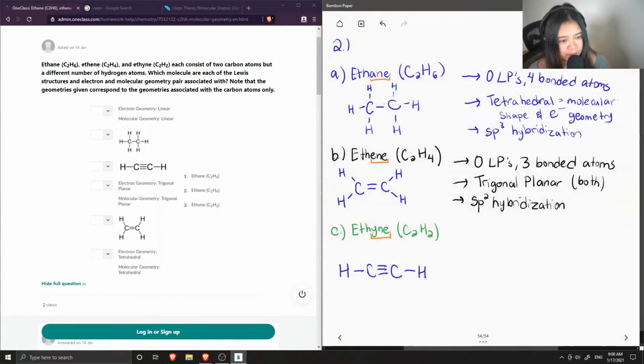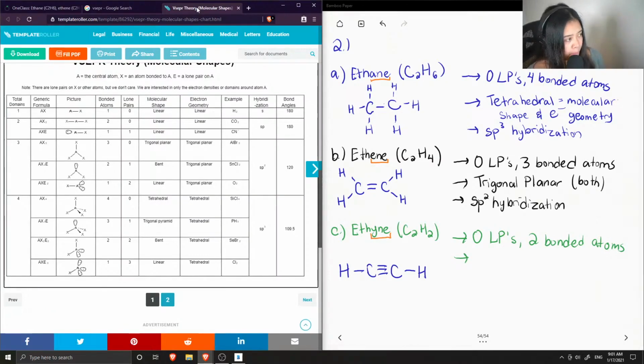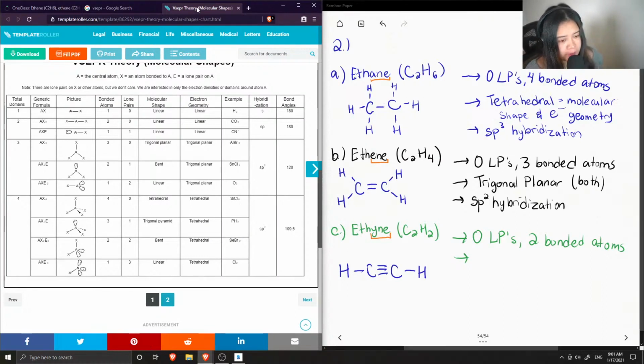If we analyze the Lewis structure, there are still 0 lone pairs for carbon, and this time there are only 2 bonded atoms. According to our VSEPR theory table, when we have 2 bonded atoms and 0 lone pairs, we have a linear molecular shape and also a linear electron geometry.